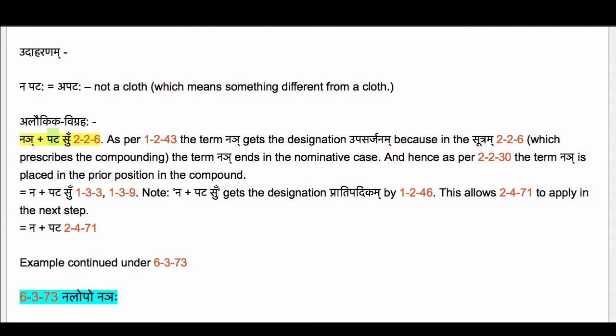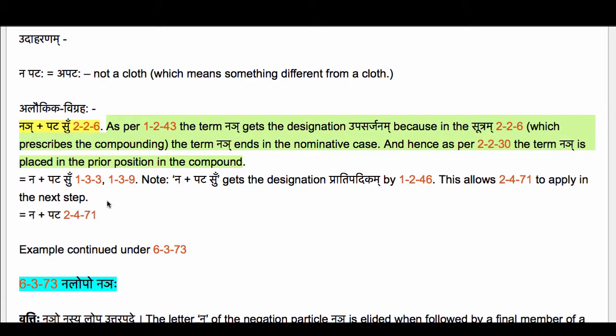Now as per 1243 prathama nirdishtam samasa upasajanam, the term nyai gets the designation upasajanam, because in the sutram 226, which prescribes the compounding, the term nyai ends in the nominative case, and hence as per 2230 upasajanam purvam, the term nyai is placed in the prior position in the compound. Now the ending letter nya of the particle nyai gets its sanya by halantyam and then tasya lopaha, so we get na pata su.